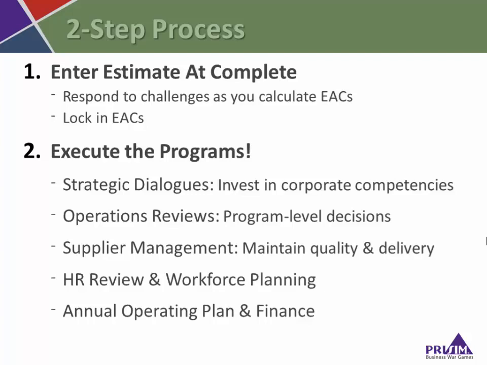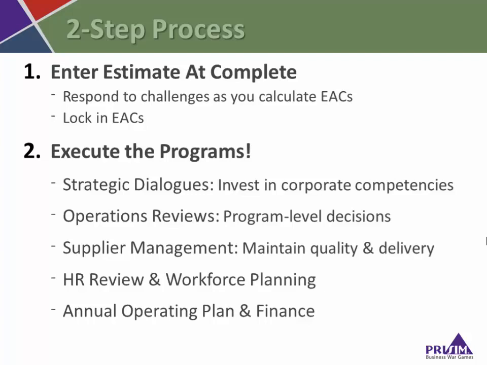During the competition, you'll run a company that has several existing contracts over a multi-year span of time. In each of these years, you walk through a two-step process that you see here on the slide as you make both EAC, estimate at complete, calculations first, and then program and corporate level business decisions secondly.